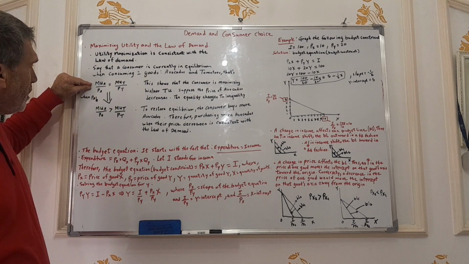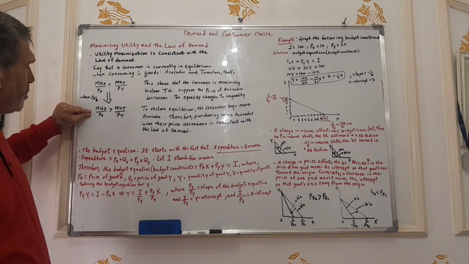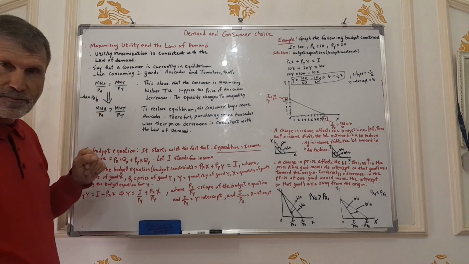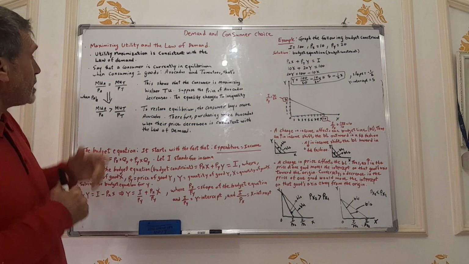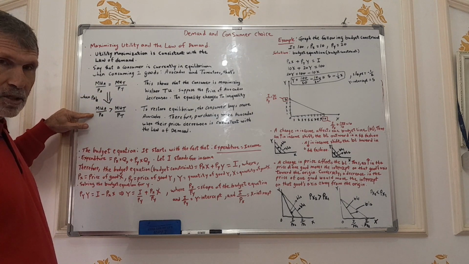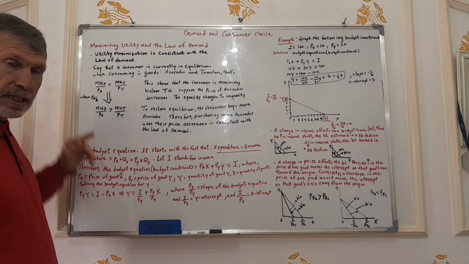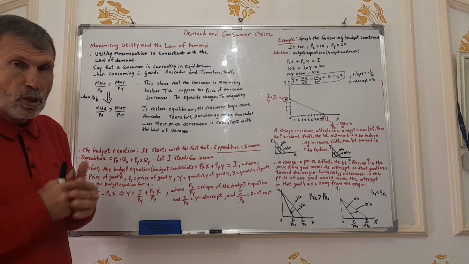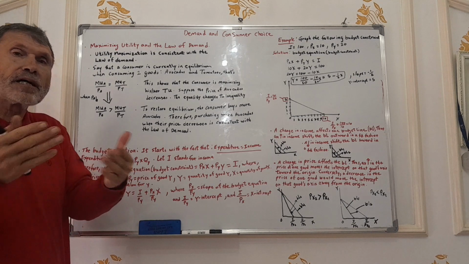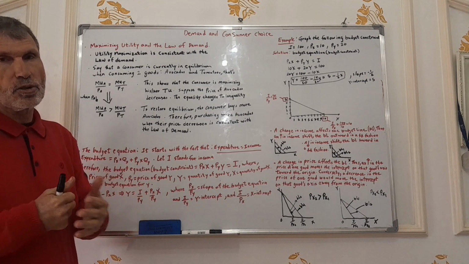This equality changes to this inequality. Is that clear? Now, when this equality changes to this inequality, it means that the consumer is not anymore in equilibrium, which means that he is not maximizing his total utility.